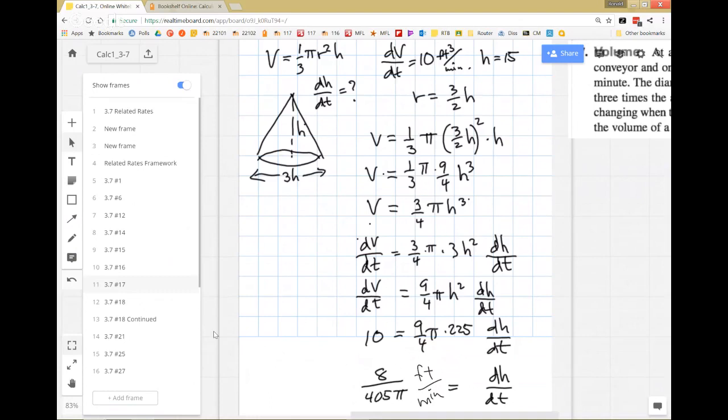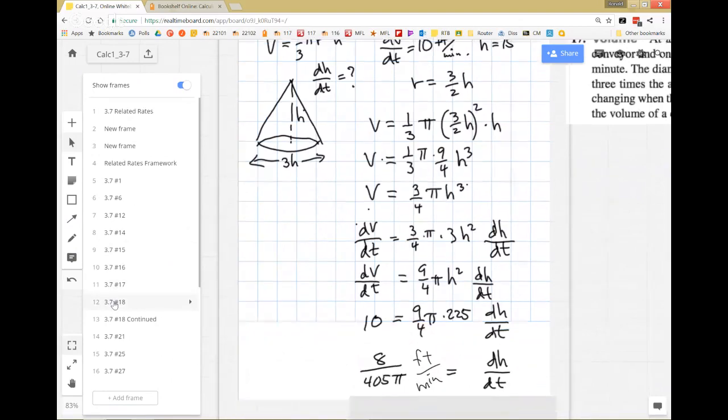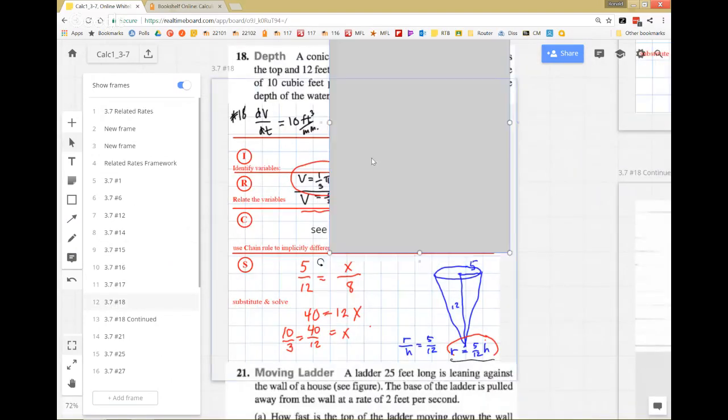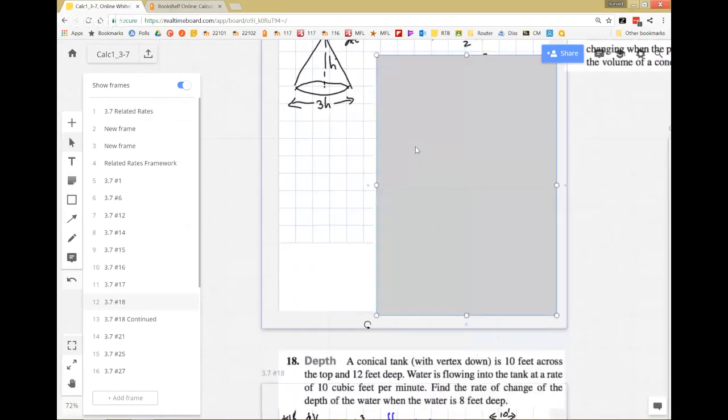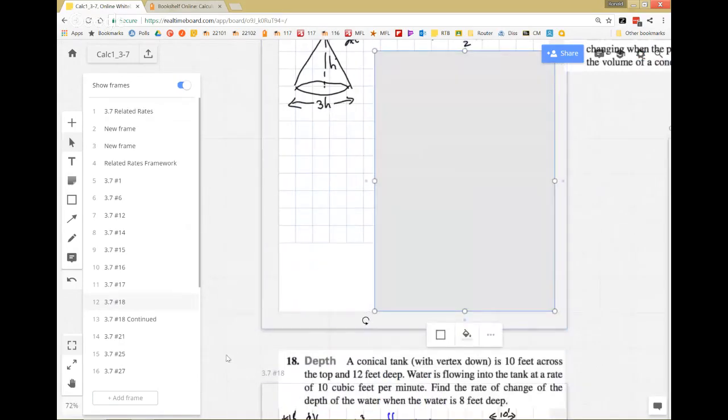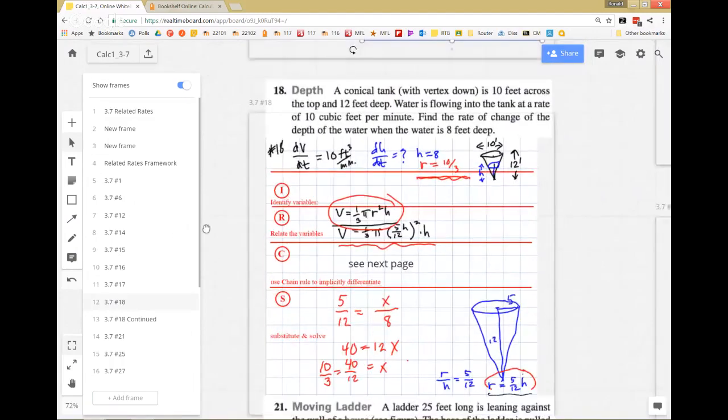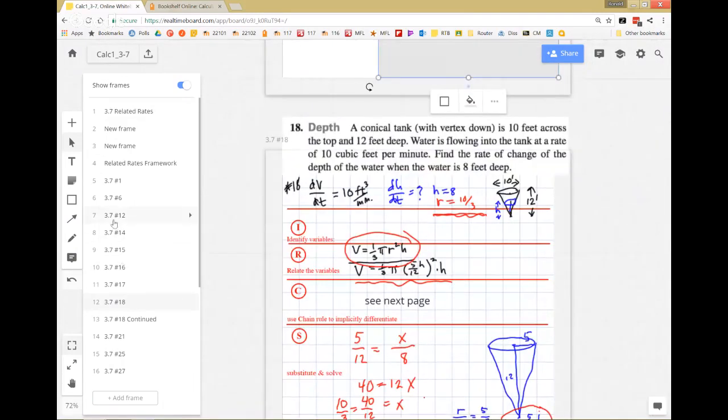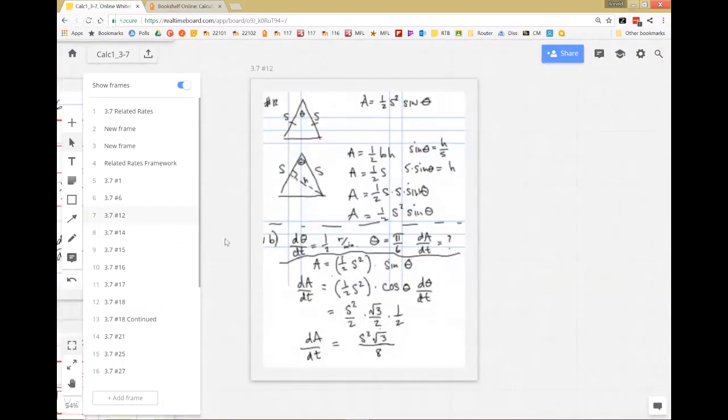I got a request for number 12. We'll insert that one right here. All right, number 12. Get this thing out of the way. Okay, here's number 12.